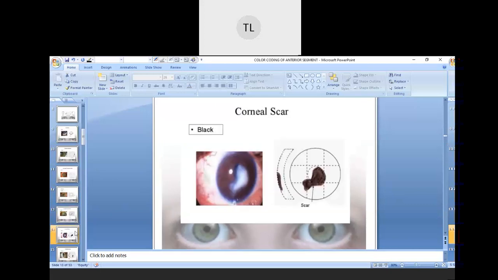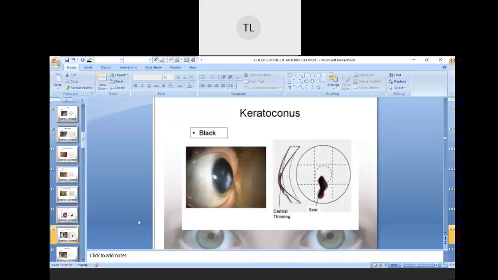Okay, next we have is a corneal scar. If you have seen any scar, we have to draw it with a black color. Moving forward, next we have is a keratoconus. As you all know, in keratoconus the anterior portion of the cornea protrudes outside, and because of it, it becomes very thin. See, in the frontal diagram we can see the black color.